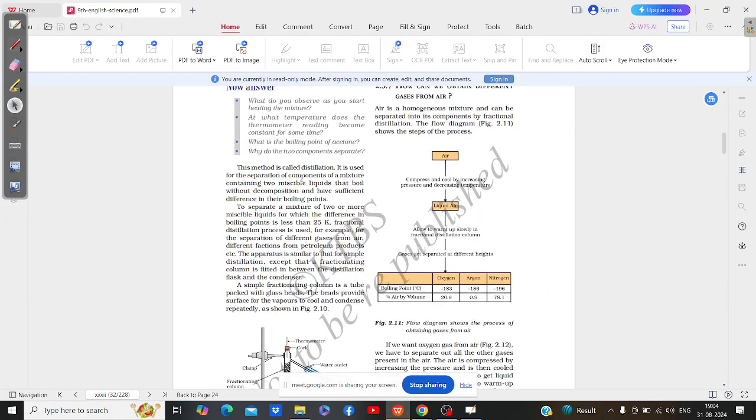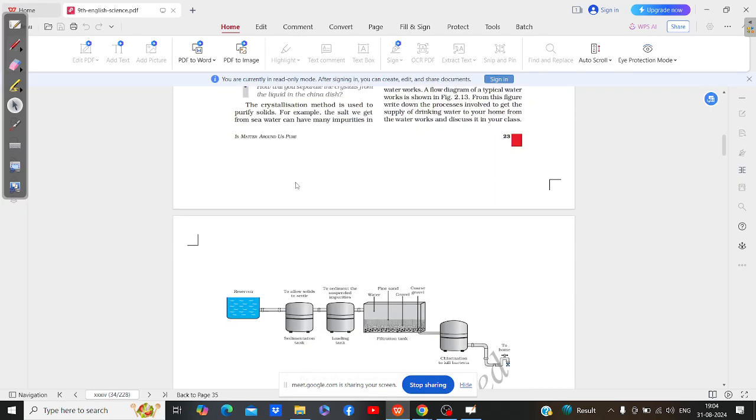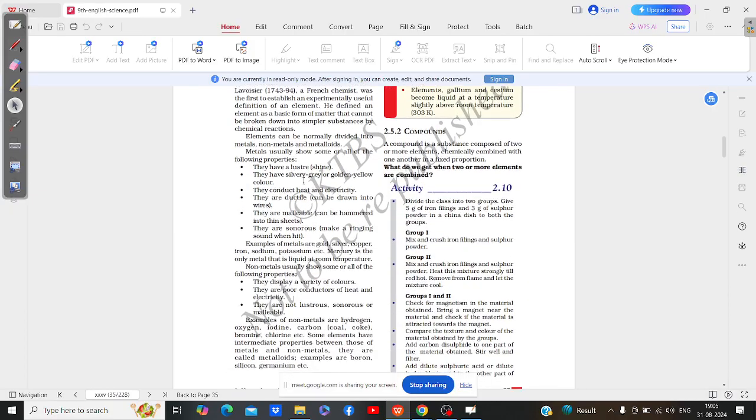So these are the concepts we covered in the previous session. In today's session we will go with compounds.